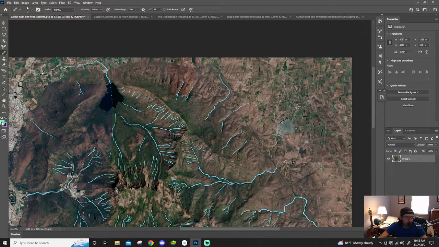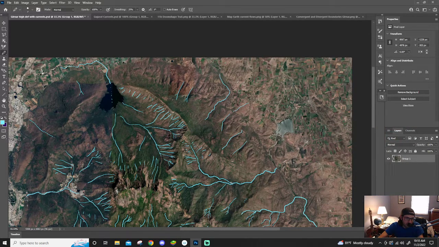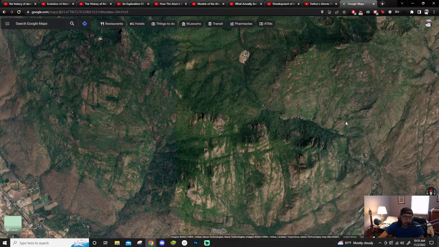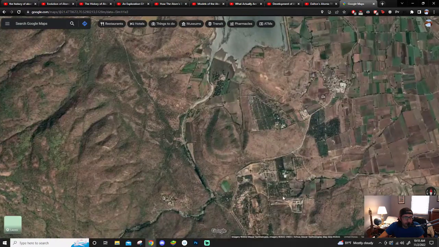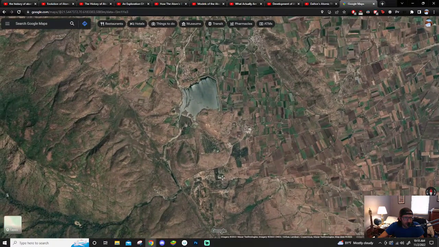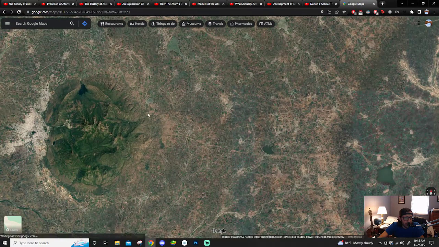Let's draw this. Because this is probably an inlet. It's just unclear if it's like this way, kind of.